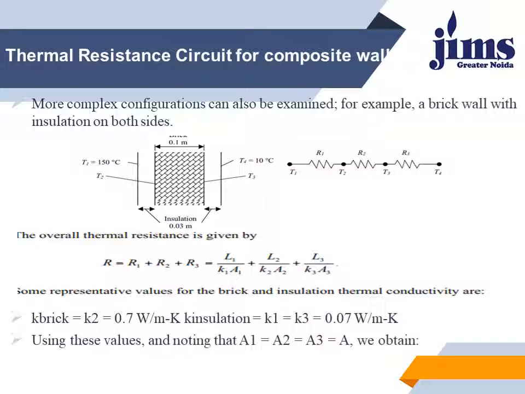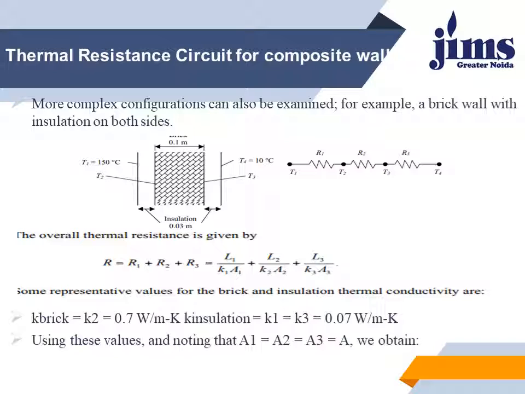T1 is the temperature of the left layer and T4 is the temperature of the right layer. Since T1 is greater than T2, greater than T3, greater than T4, heat flows from T1 to T4.